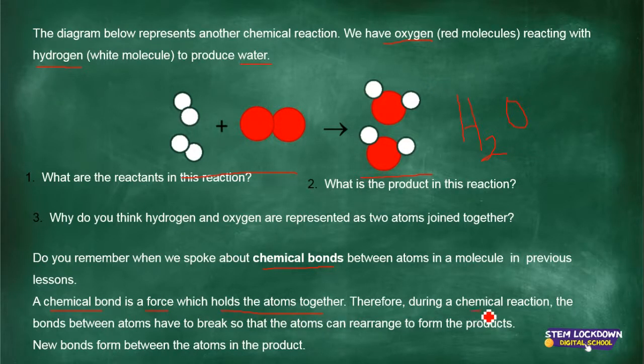Therefore, during a chemical reaction, the bonds between the atoms have to break. So the bonds between the atoms break, and the atoms can rearrange to form the products. Okay, so new bonds form between the atoms.